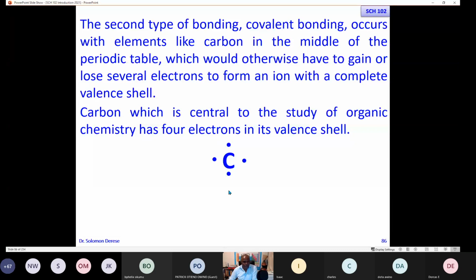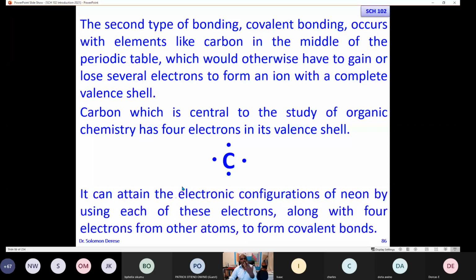So using the 4 electrons in its valence shell, it forms covalent bonds with other elements. It can attain the electron configuration of neon by using each of these electrons along with 4 electrons from others, such as hydrogen, when it forms a covalent bond.